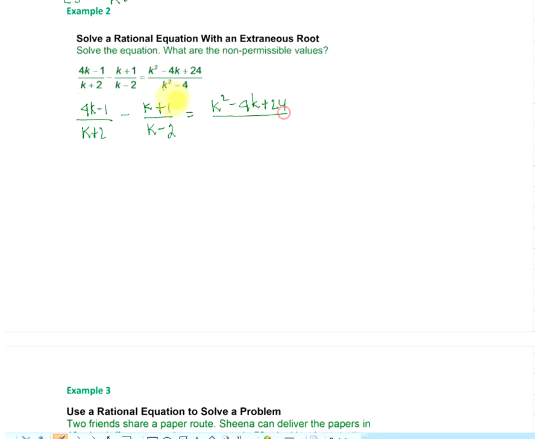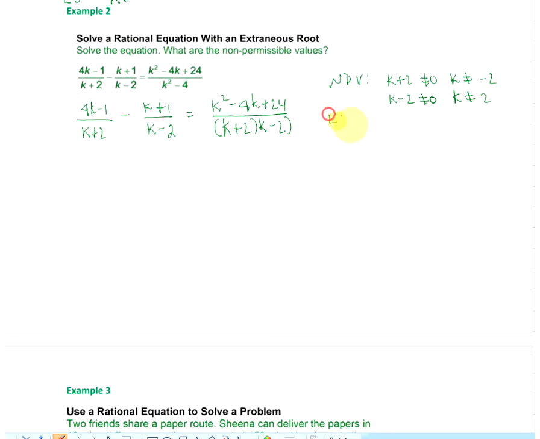Okay, so k squared minus 4 is a difference of squares, so we're going to get k plus 2 times k minus 2. Okay, our non-permissible values, we've got k plus 2 can't be 0, so k can't be negative 2, and k minus 2 can't be 0, so k cannot be equal to 2.